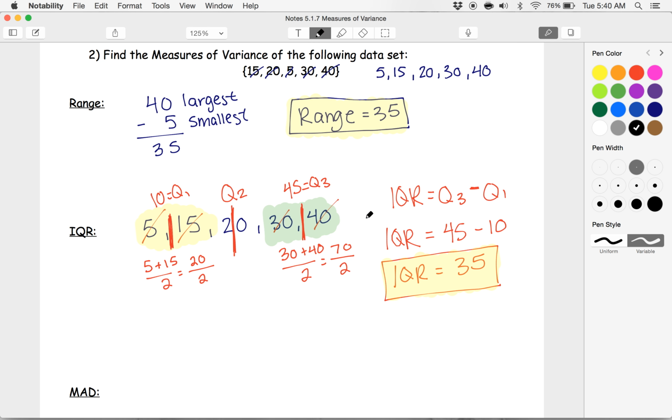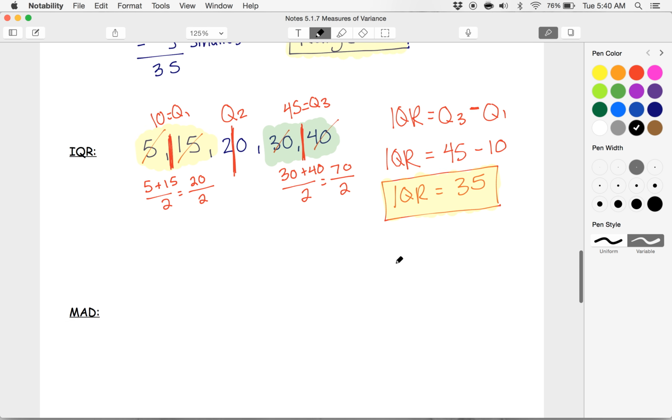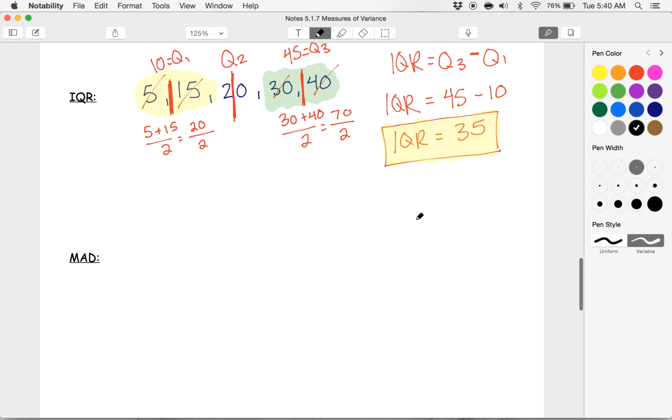And the last thing I need to do is the mean absolute deviation. First, I have to find the mean. I add up the values and divide by how many? 1, 2, 3, 4, 5.